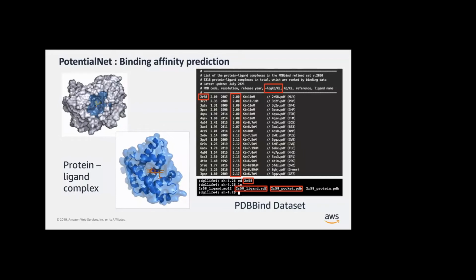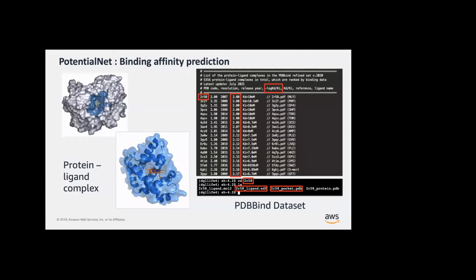And here you see an example of the protein-ligand complex, which is basically the input to the graph neural network. You can easily expect that those molecular structures are given as graphs. The output is in this column, a number, which is the minus log KD or KI.